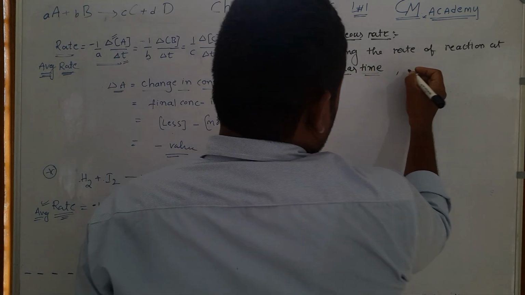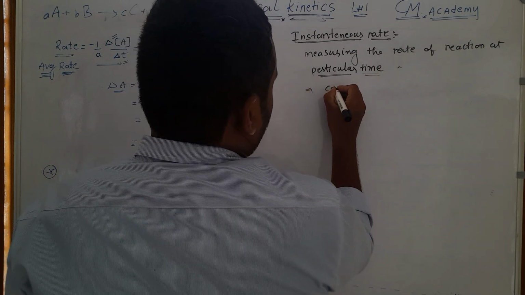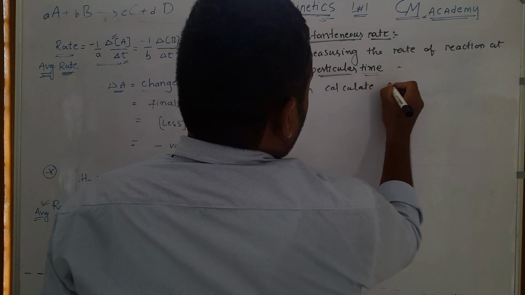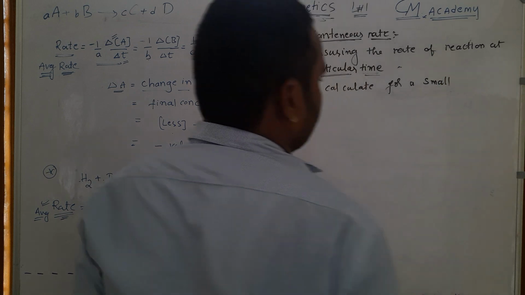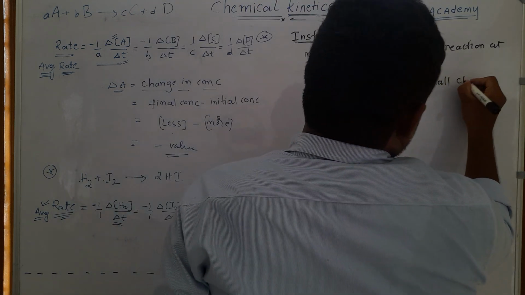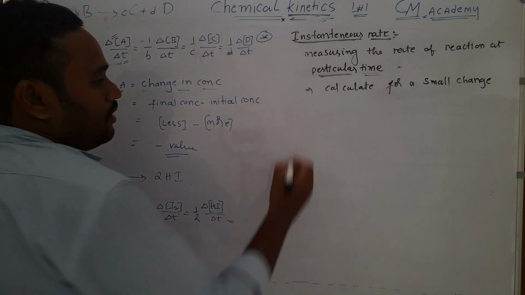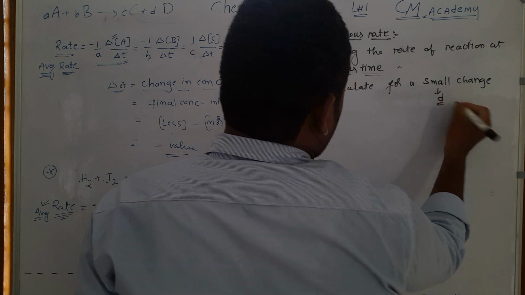So instantaneous rate we can calculate for a small change, not for a large change. This small change is indicated with a small d.